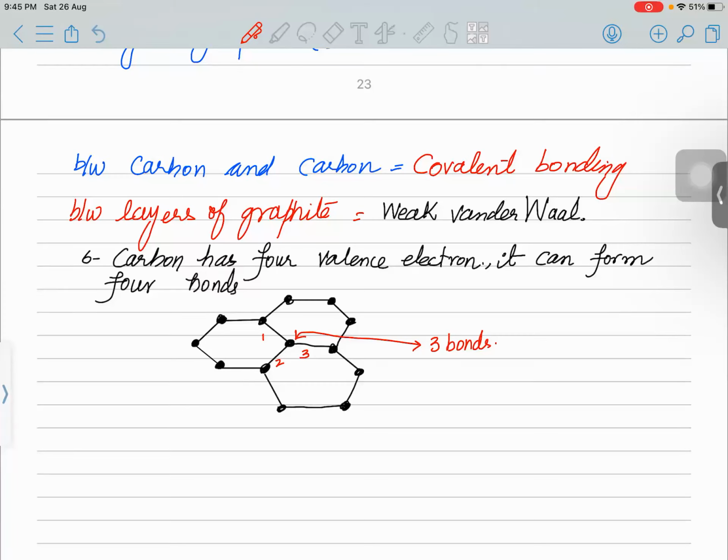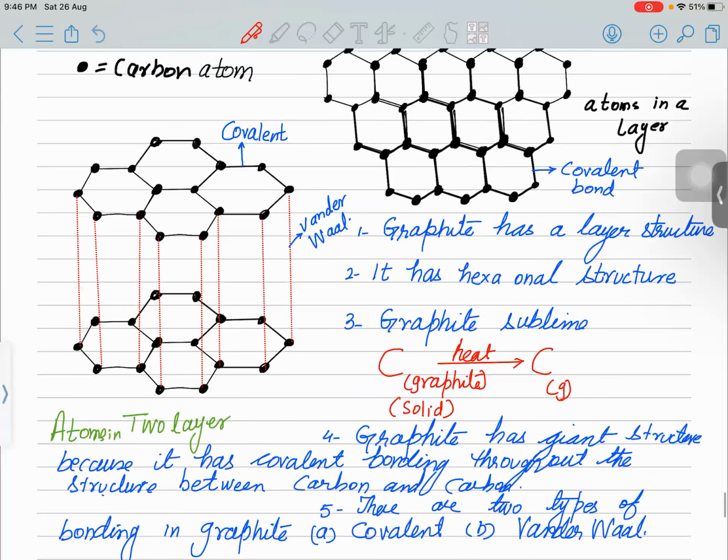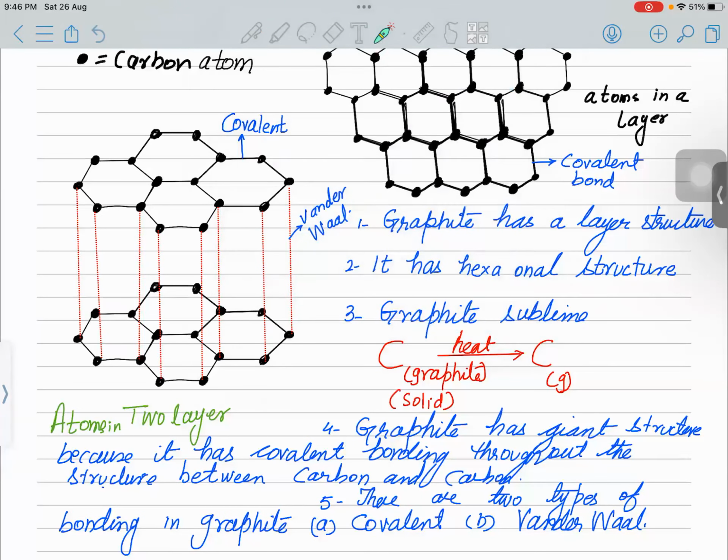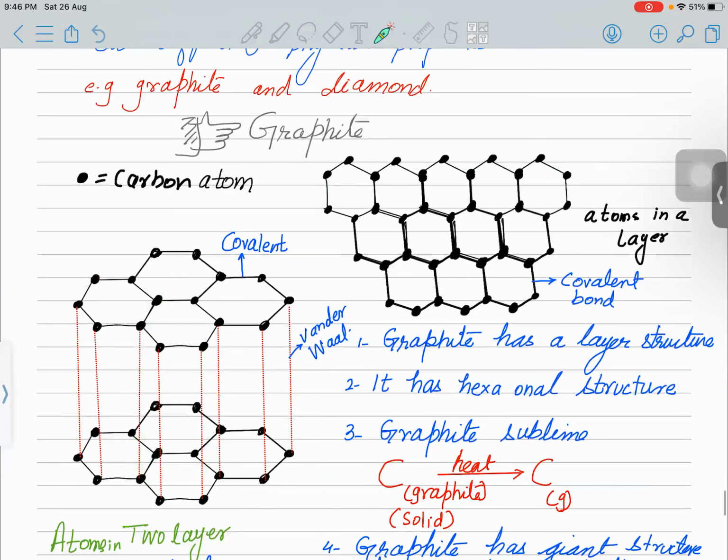Sir, so graphite has pairs of 3. No, I told you that each carbon atom has 4 valence electrons. So 4 valence electrons means it can form 4 bonds, right? But in the diagram, you can see that each carbon atom forms 3 bonds.